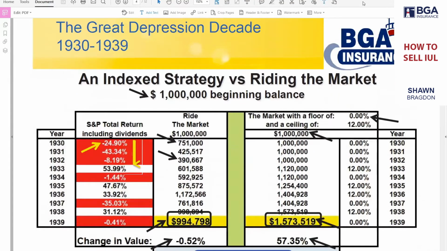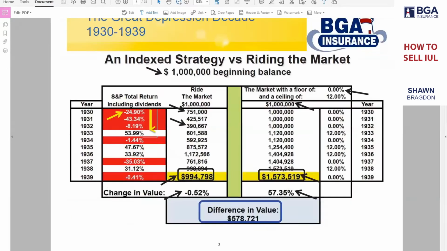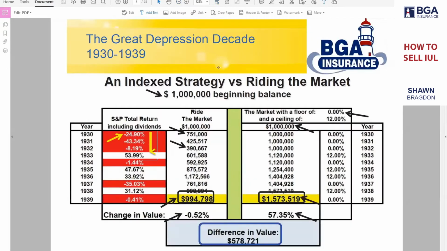This is a nice piece. This is showing how an index strategy works in a horrible market. You might bump into some clients and prospects that are pessimistic about where the market is going in the future. If you had $1 million in the S&P 500 of the 1930s depression, over that entire decade, you never made a dime.